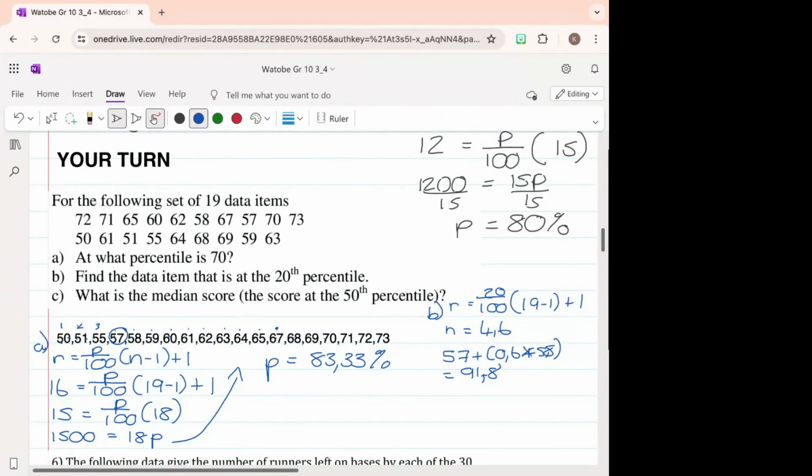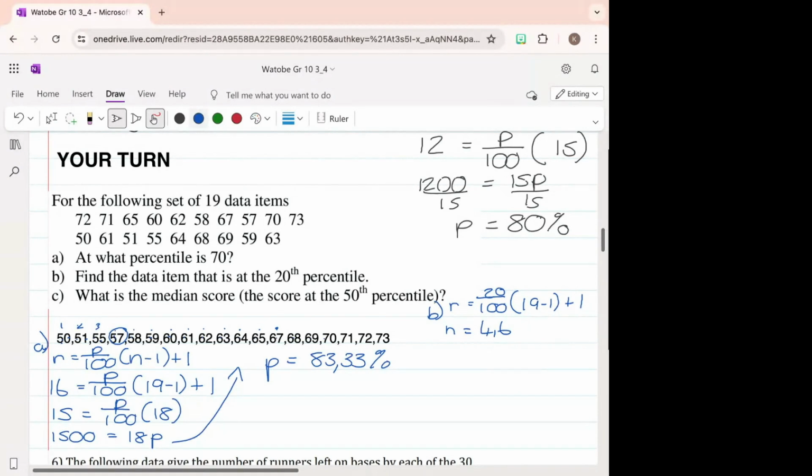Oh, I know I was doing something wrong here. I apologize to you. We're making this so complicated. Let's not make our lives so complicated. We've got 4,6. Do you agree that that's not 4 and that's not 5?